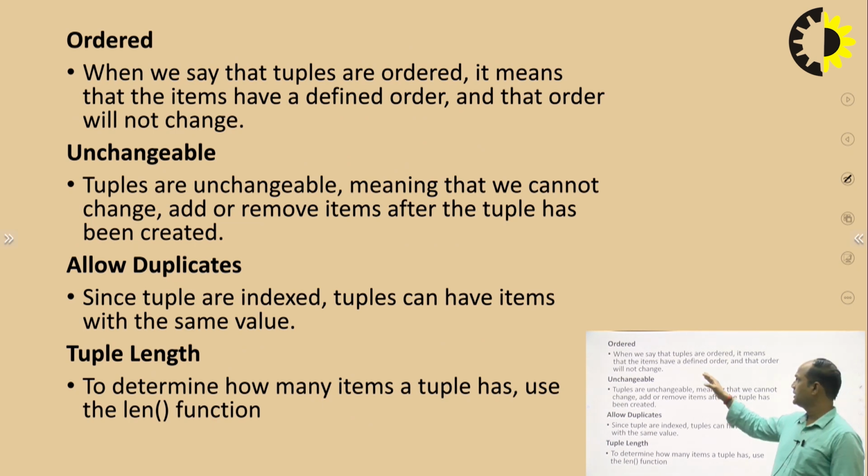Ordered means the tuple has a defined order, and we cannot change the order. Unchangeable, as I already discussed, means we cannot change the value or remove the data items after the tuple is created. Allowing duplicate values means a tuple can have items with the same value; we can store one value more than once in a tuple.